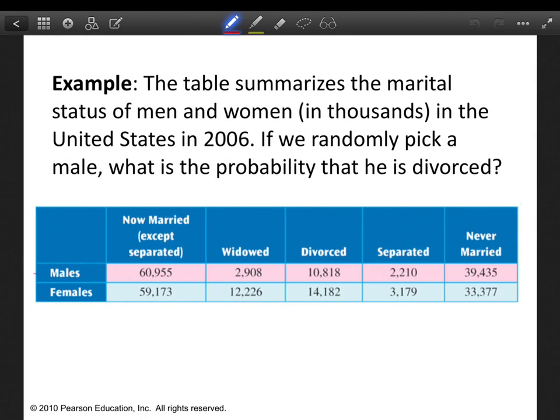Let's try this one together. So we have the marital status of men and women in the U.S. If we randomly pick a male, what's the probability that he is divorced?